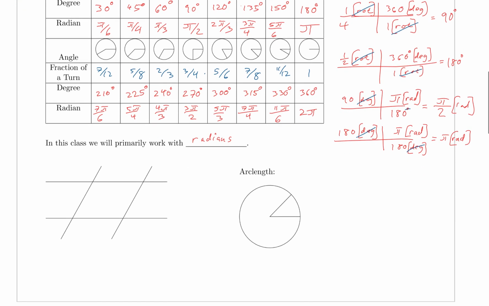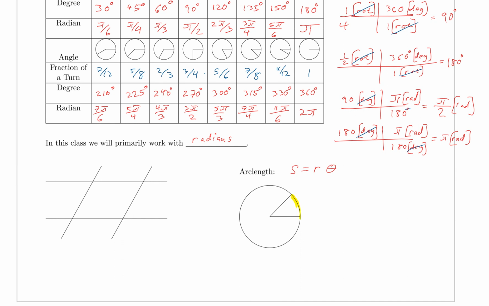Okay, so let's come over here to arc length. Arc length is described by r times theta. What is arc length? It's simply the length of the circle along here.